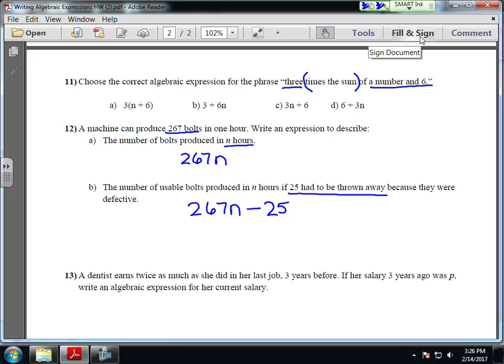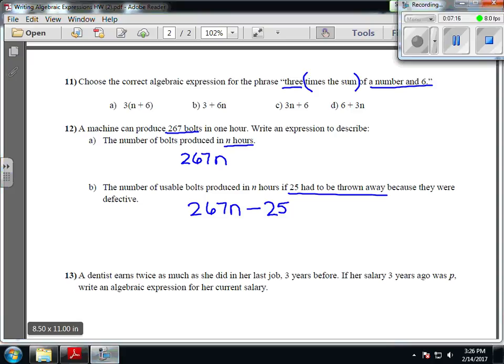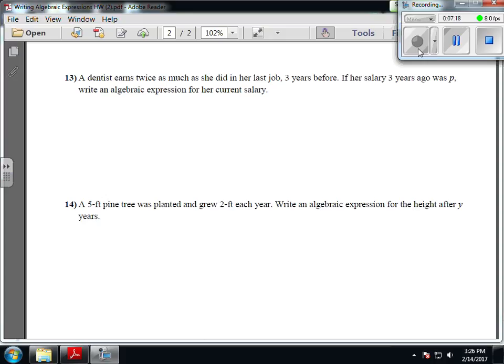All right, let's take a look at number 13. A dentist earns twice as much as she did in her last job 3 years before. If her salary 3 years ago was P, write an algebraic expression for her current salary.